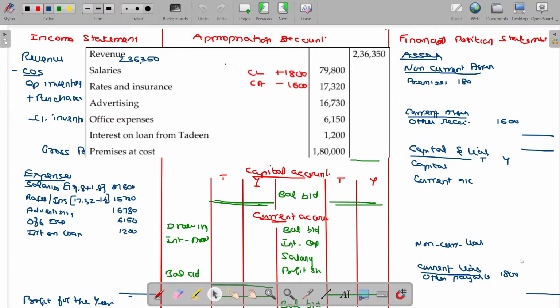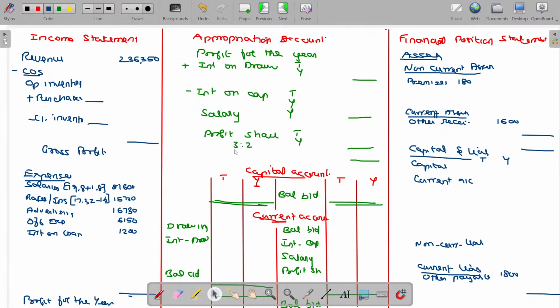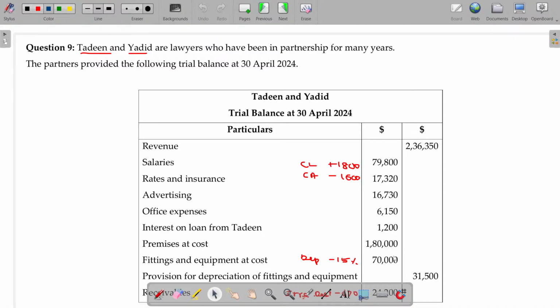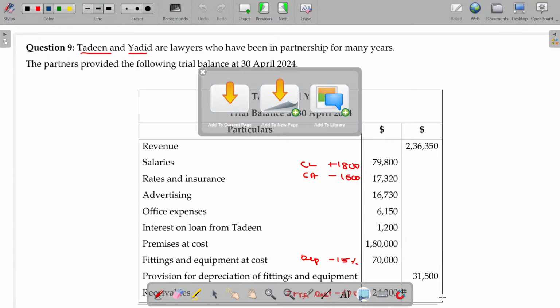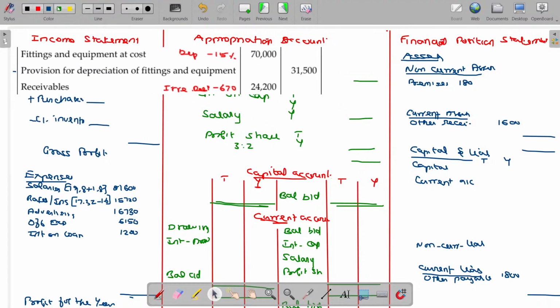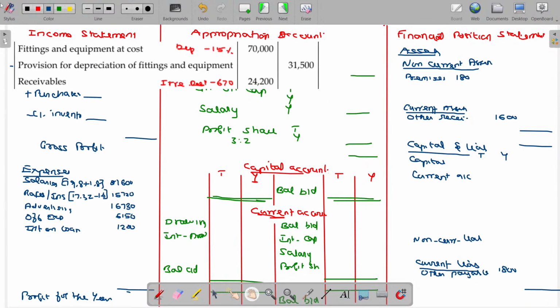See here, we have completed up to this premises at cost posting. Three more items are going to be recorded. Fittings and equipment at cost. Cost being 70,000 and provision for depreciation on the fittings being 31,500.